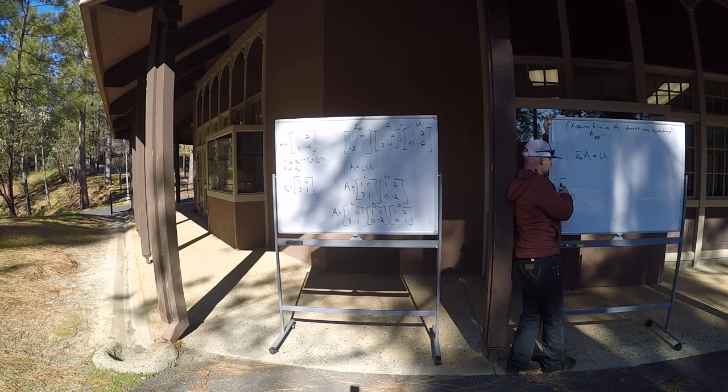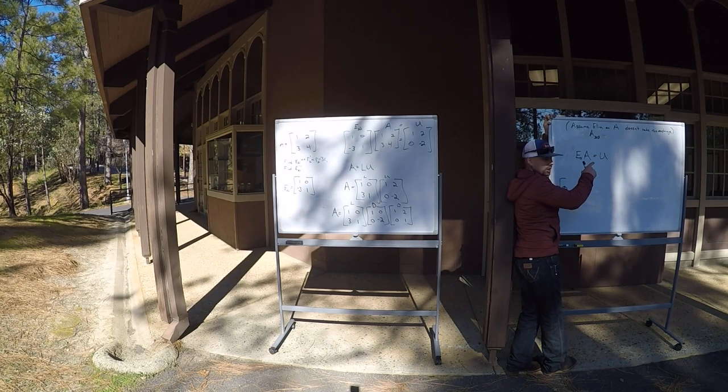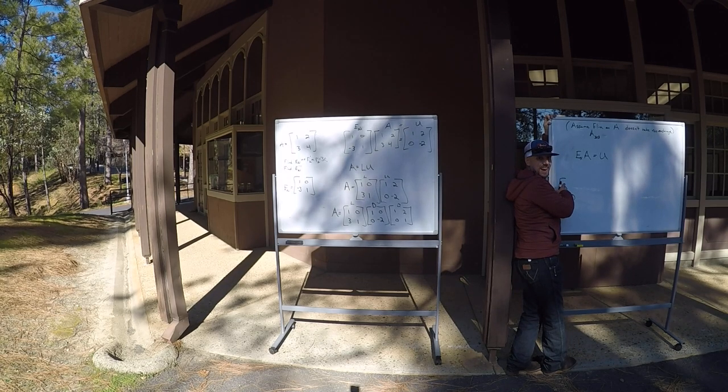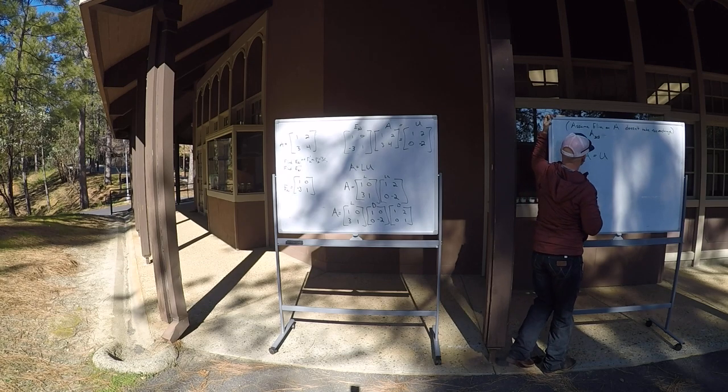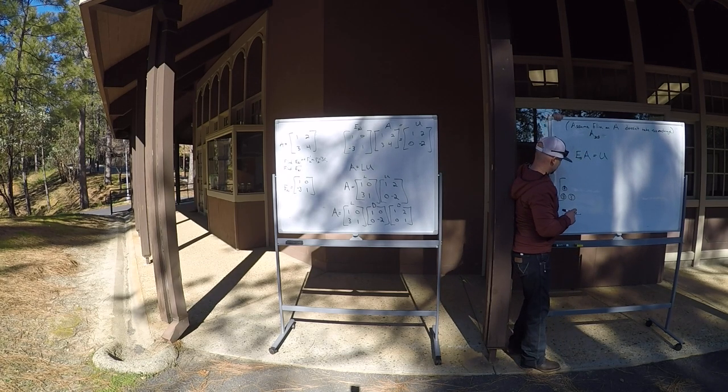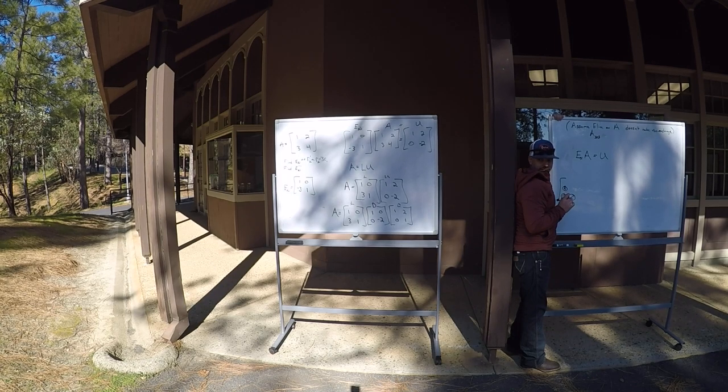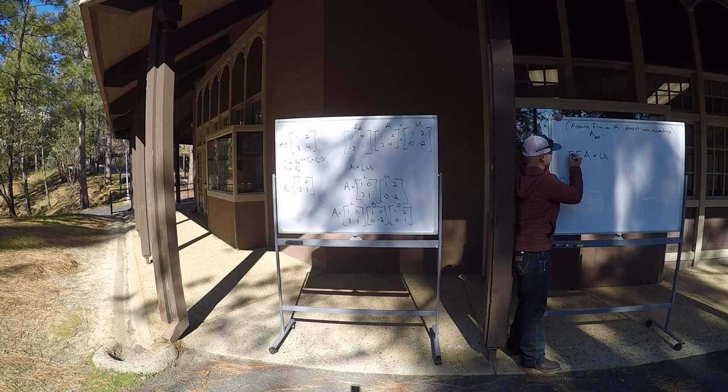I'm not guaranteed that this number in the second position isn't already 0. So, because I said this could be done without row exchanges, I know that this first number is there. You guys with me? Okay, so I'm going to have my E31 matrix, so that's going to now put a 0 here. Now what? Good. I need to do this one, so that's going to use the E21 matrix.